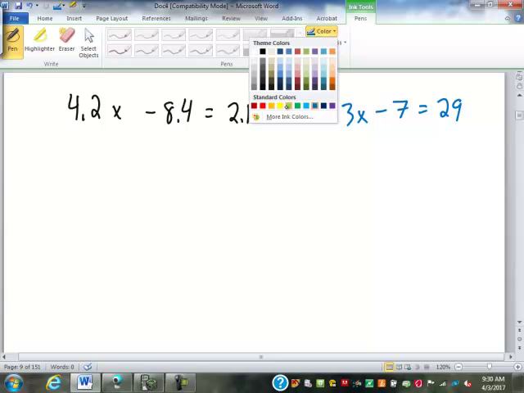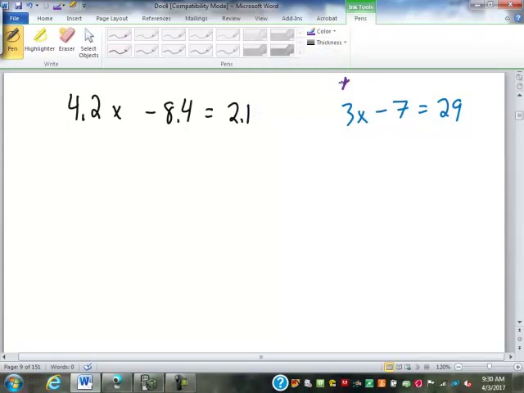And when we went to solve an equation like this, where did we start? Yeah, we added. So over here, we're going to do the same thing. What are we going to add over here? The 8.4, so it makes that minus 8.4 go away. And we're going to add 8.4 over here. So on the left side, the 8.4 is gone.